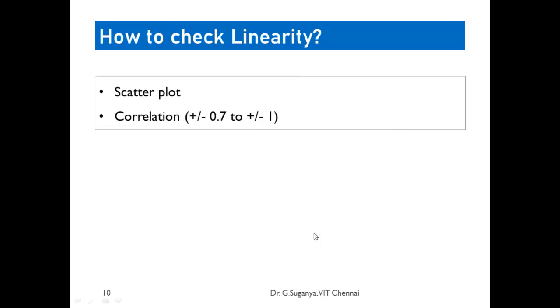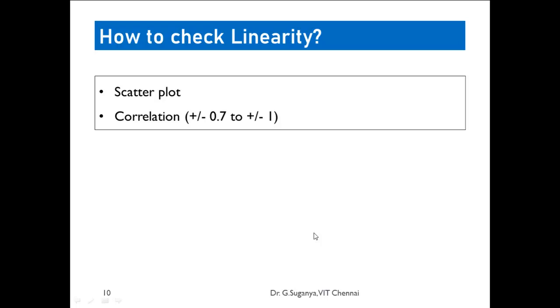Yes, there are two major ways. One is by drawing a scatter plot. Draw a scatter plot by having one attribute on the x-axis and another attribute on the y-axis. If there is a possibility to draw a straight line connecting most of the points on the space, we say the data is linear. Another important way to understand that is to identify the correlation between attribute x and attribute y.